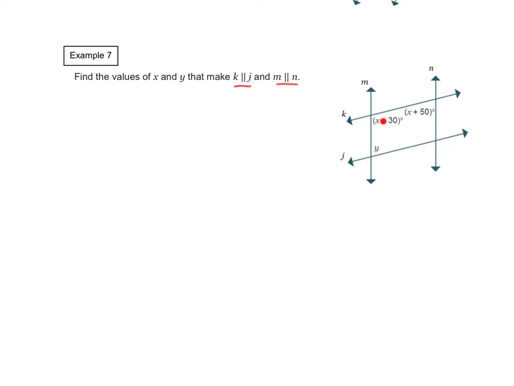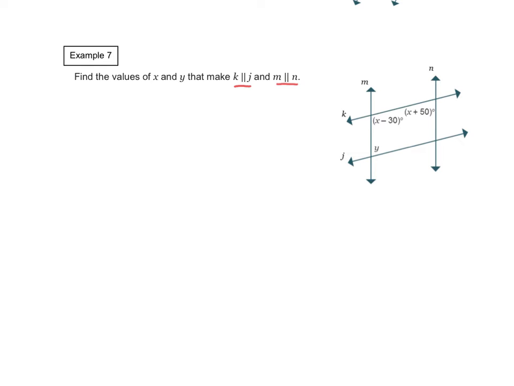If I look at these two angles that have the variable x included, I could say that if lines M and N were cut by transversal K, then the same side interior angles, if they total 180 degrees, would make M and N parallel.